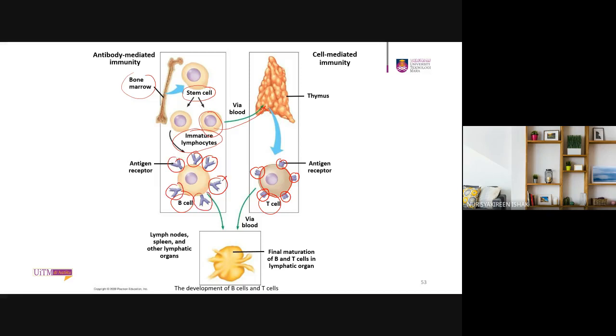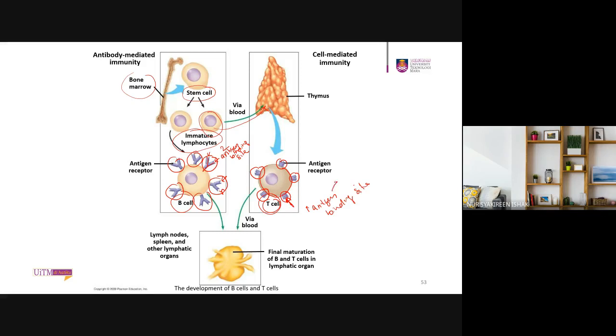Okay, so each one here we call it an antigen binding site. Sama juga kat sini. Kalau B cell, satu reseptor ni akan ada dua antigen binding site. Tapi kalau kat T cell, satu antigen receptor akan ada satu sahaja antigen binding site.